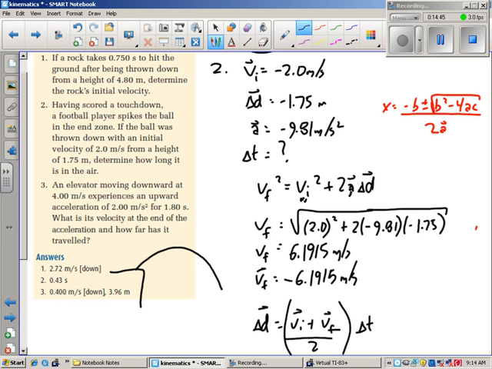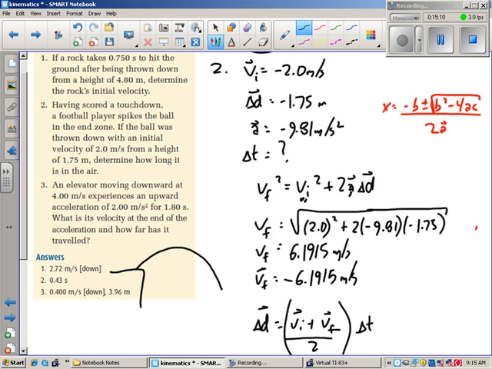You'd have to use a quadratic equation. When you find time on this problem, you're going to end up with one value, say 0.4 seconds, and another value, negative 0.2 seconds or whatever. So that's going to be pretty clear which one is the one you're supposed to use there. That's a bit tricky. Yeah, 0.4 and 0.8, that's a little bit tricky as to which one you use, for sure.